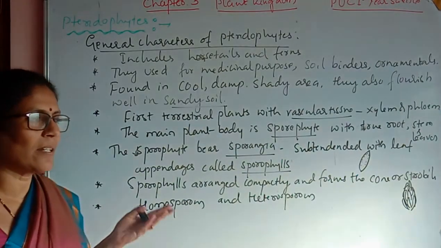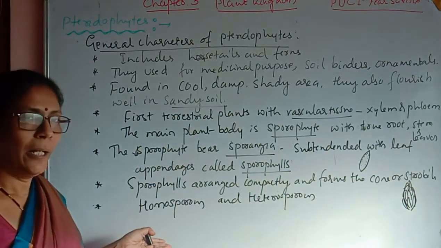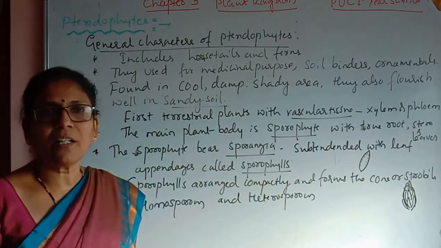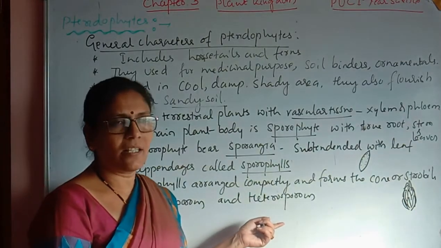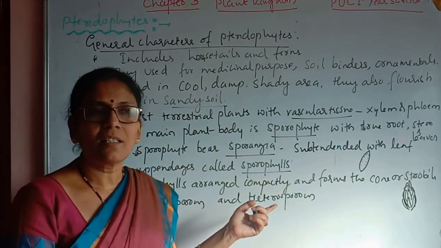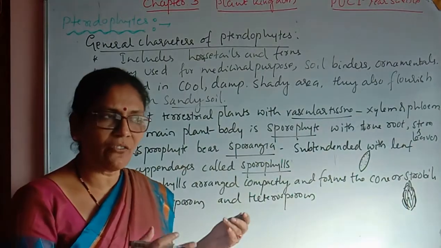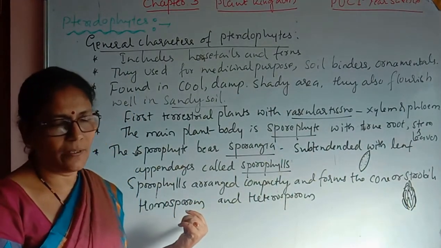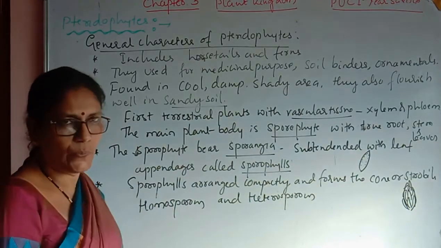If all the spores are similar types, such plants are called homosporous. But some plants may be heterosporous, meaning they produce morphologically different sized spores. Examples are Selaginella, Salvinia and Azolla. Most of the ferns are homosporous, like Dryopteris and Nephrolepis.